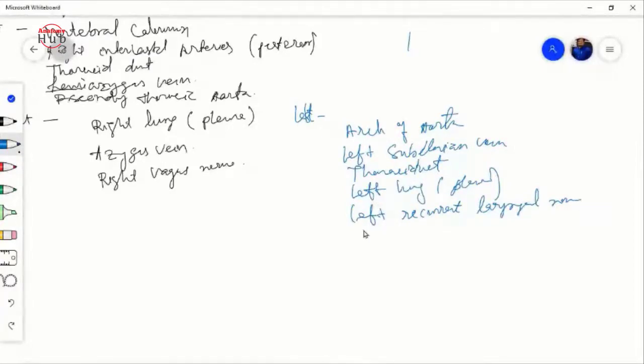And you will find the descending thoracic aorta, okay. So here the descending thoracic aorta, that is posterior relation, okay, at the lower part, but at the upper part the descending thoracic aorta will be present left to the esophagus. That's why this is also one of the relations. Clear, all of you? Yes, sir.